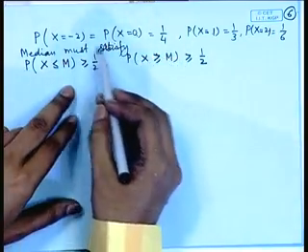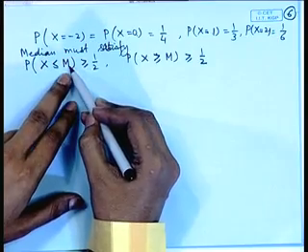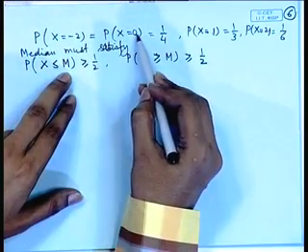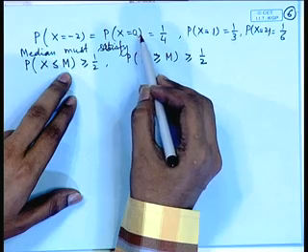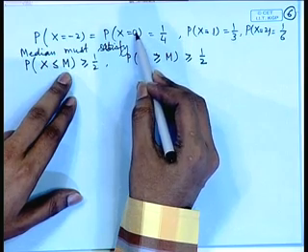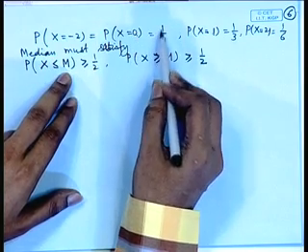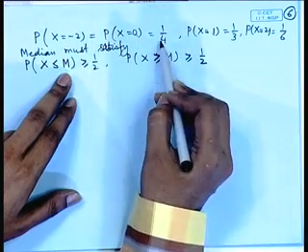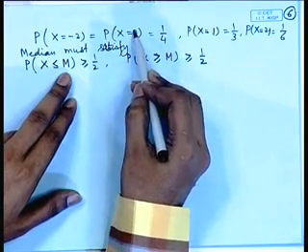So, you look at which points satisfy this condition. Now, here the probability of x being less than or equal to 0 is half, because probability of x equal to -2 and probability x equal to 0 both are 1/4.